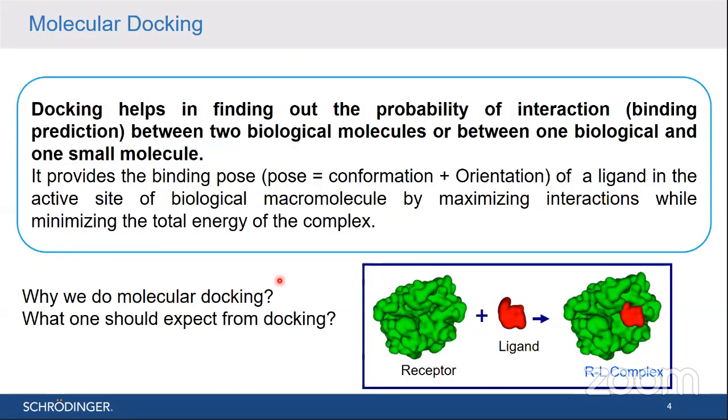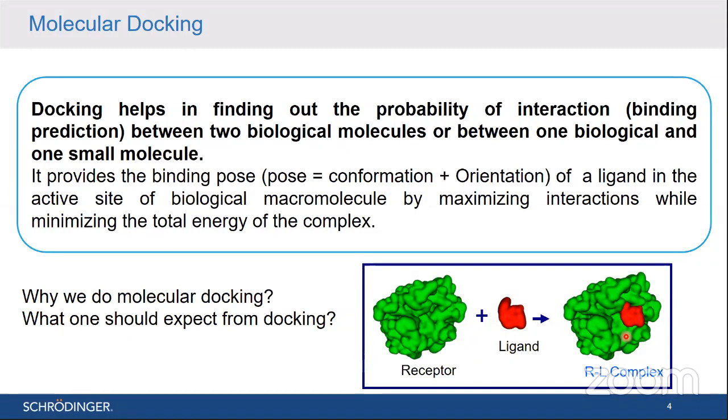Whenever the word molecular docking comes up, it is nothing but analyzing how a receptor, which is your biological molecule, binds to the ligand molecule, and the ligand can be your key. The whole idea is to find the best fit of the ligand molecule inside the receptor.